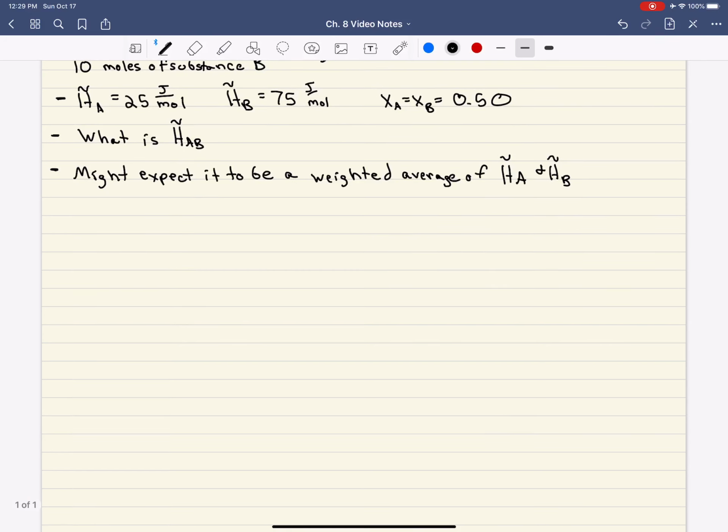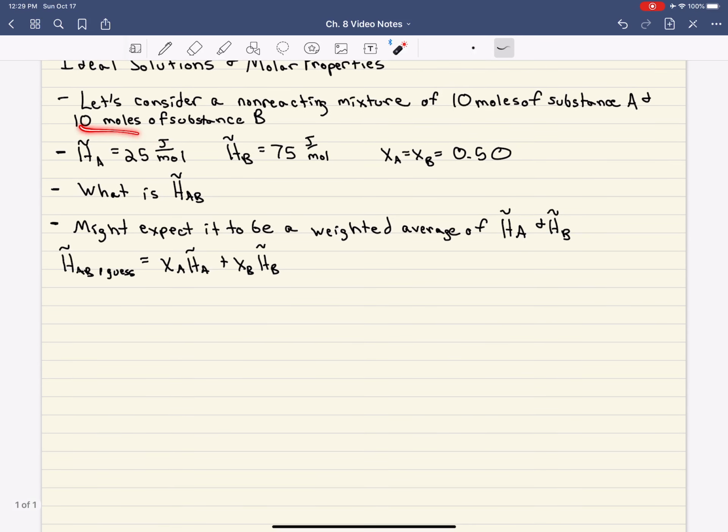Alright, and so mathematically that would look like this. So our molar enthalpy of the mixture, and we're going to call this a guess, would just be something like the mole fraction of A times its molar enthalpy plus the mole fraction of B times its molar enthalpy. And if we plug in all these numbers, which we have right here, what we would get is a value of 50 joules per mole.